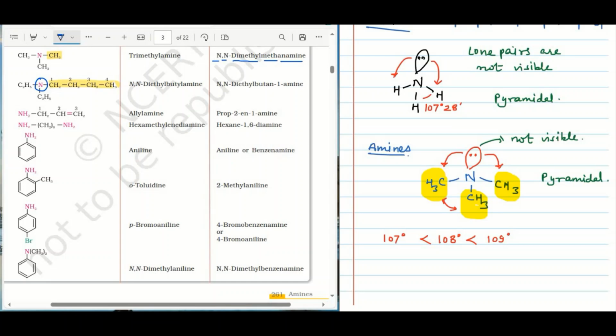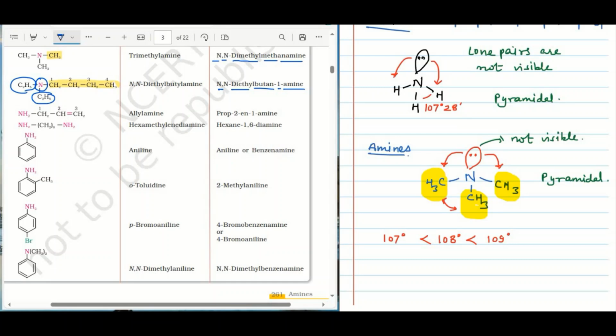It is 4 carbon long, so the parent will be butane and amine is bonded to the first carbon, so it will be butane-1-amine. There are 2 substituents, both ethyl. So here you have to write N,N-diethyl butane-1-amine.